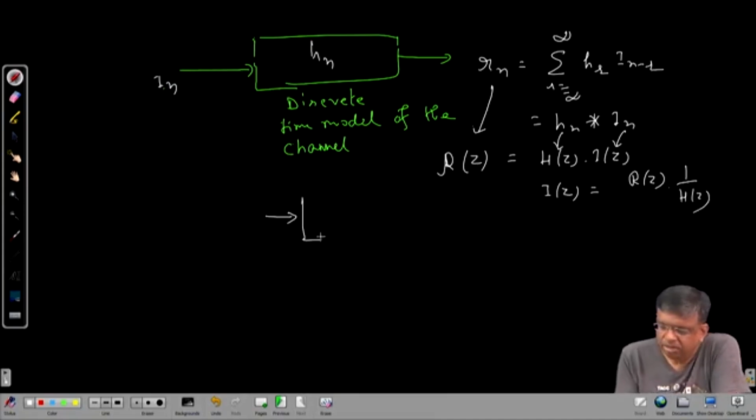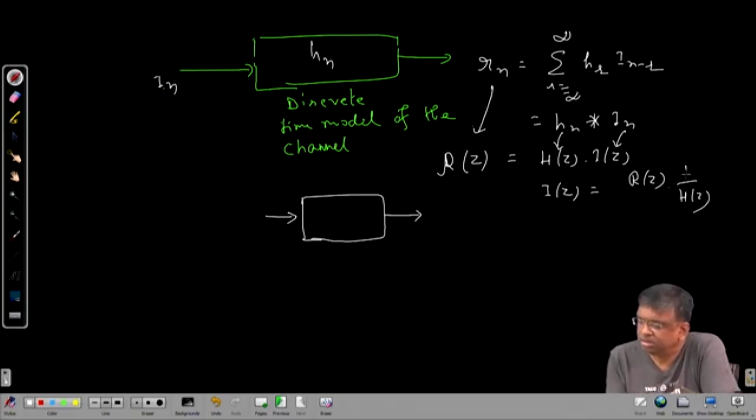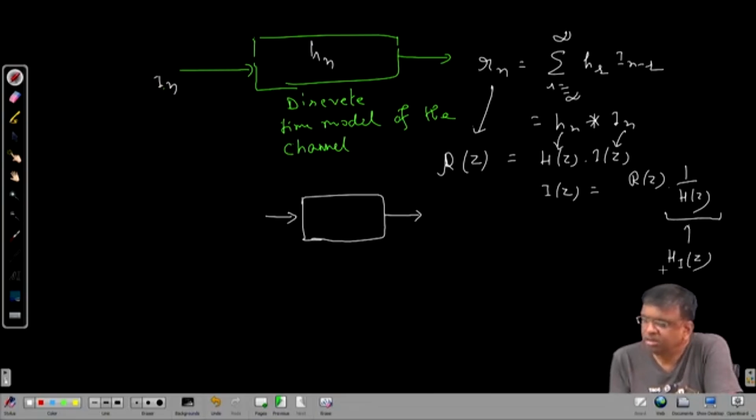So, if you can create a filter which is the inverse of this channel, this thing I call Hinv, 1 by Hz is Hinv.